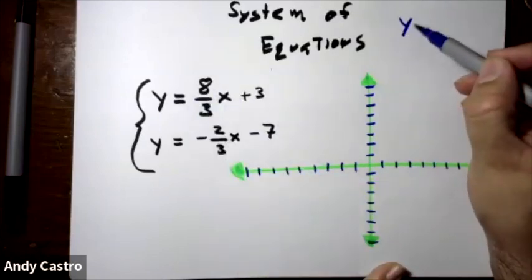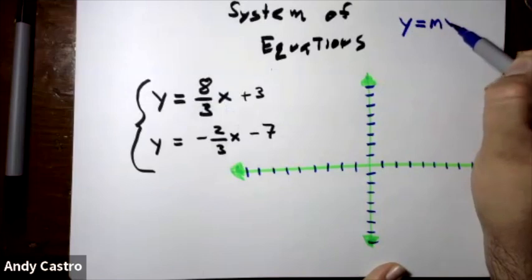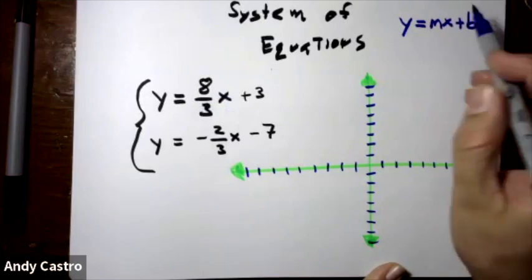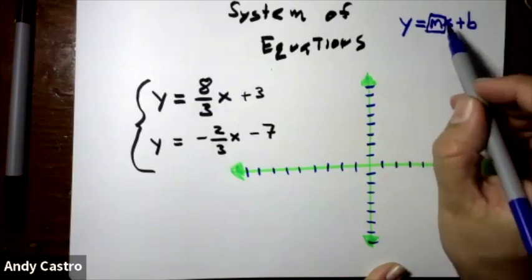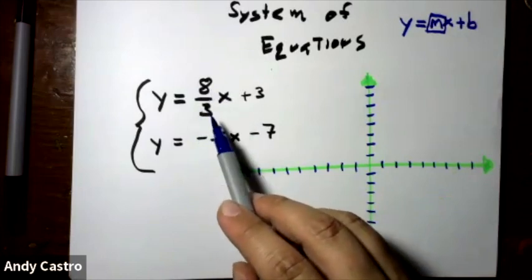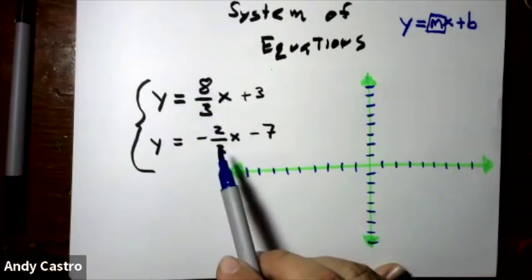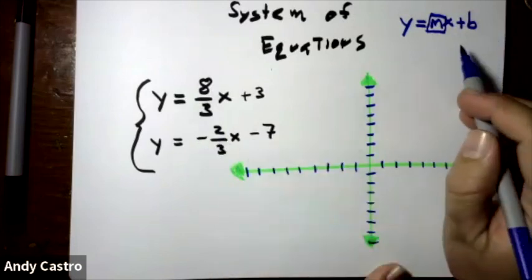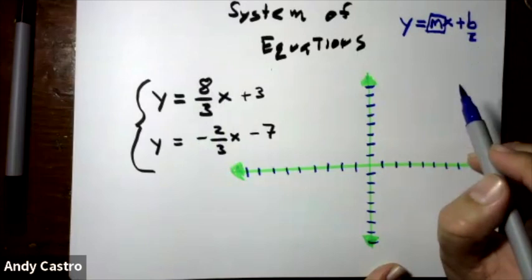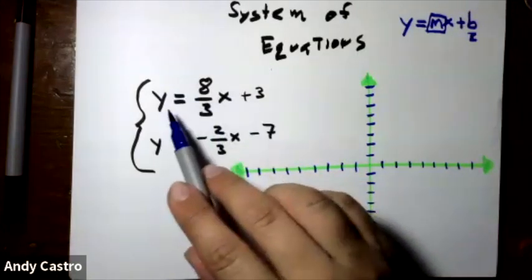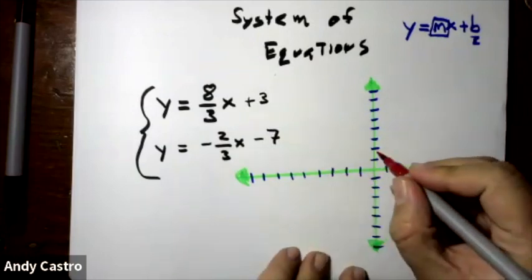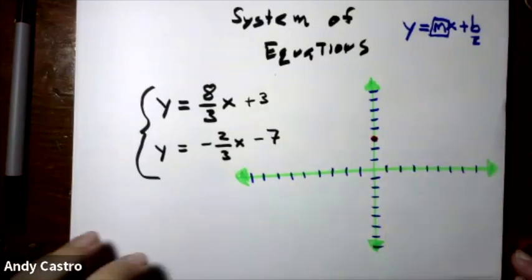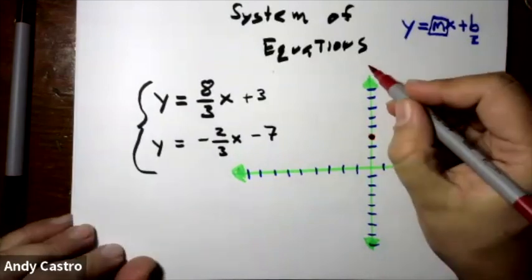If you recall, slope-intercept form is y equals mx plus b, where m is your slope times your x. For the first one, my slope is 8/3, and for my second one, my slope is negative 2/3. And b is your y-intercept. So for my first equation, I'm going to put those points in here. We have positive 3 where it crosses the y-axis.